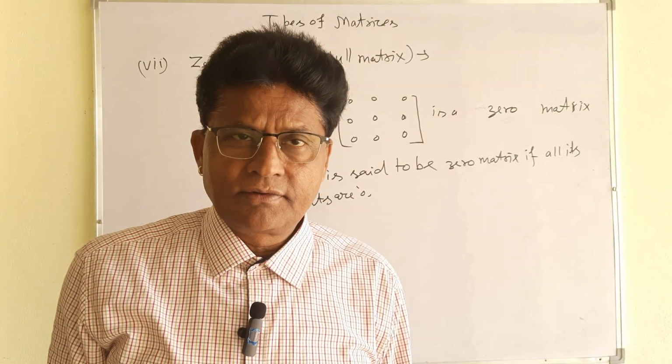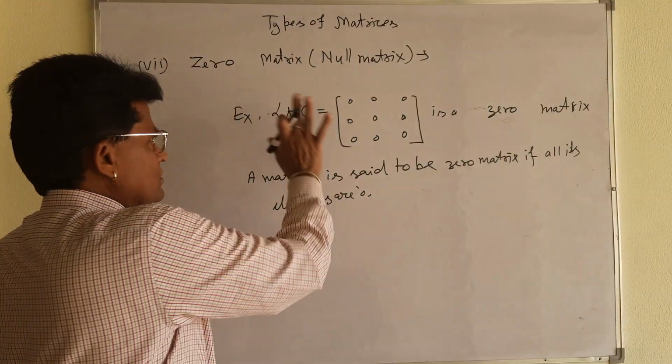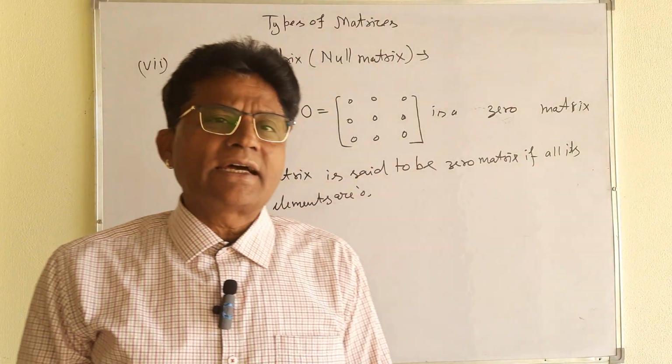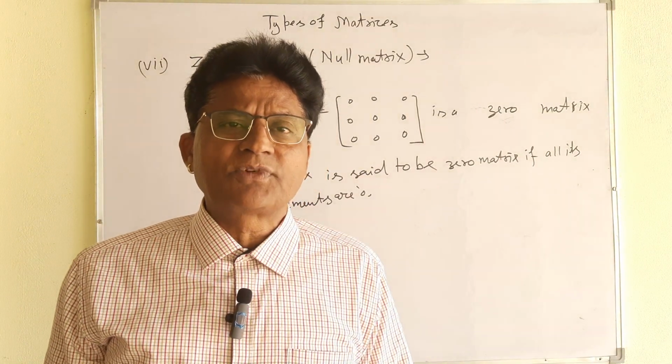Null matrix. It is to be denoted by O. Okay? And these are the definitions of different types of matrices.